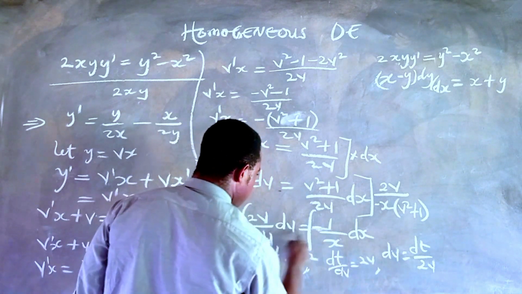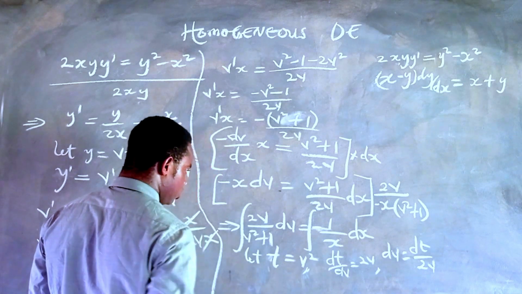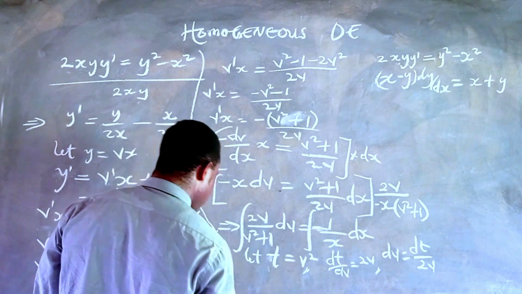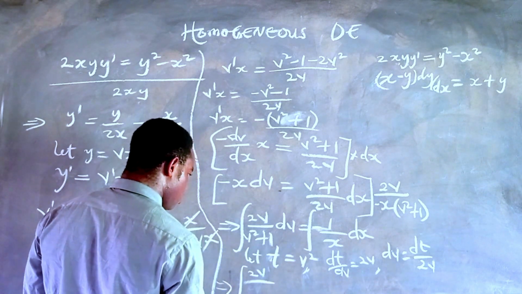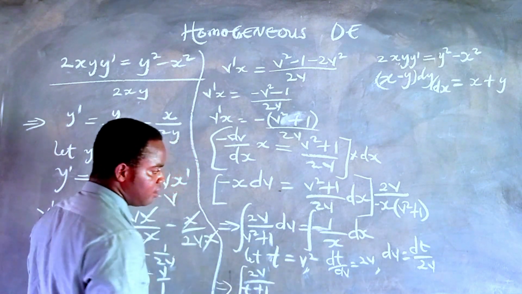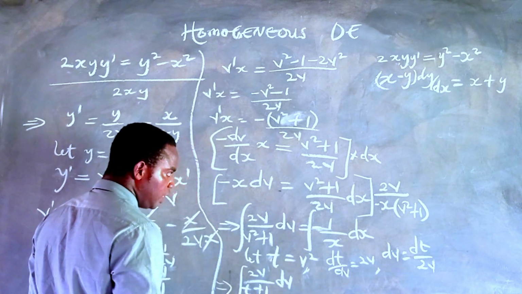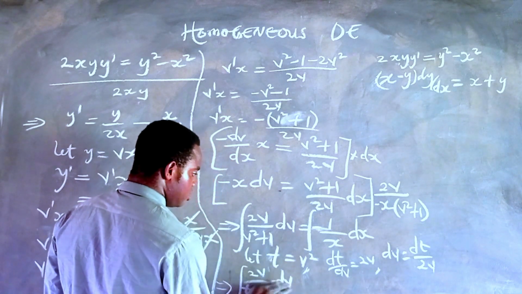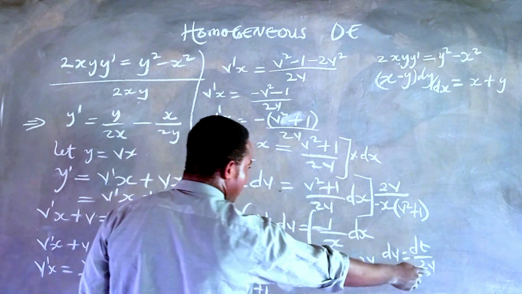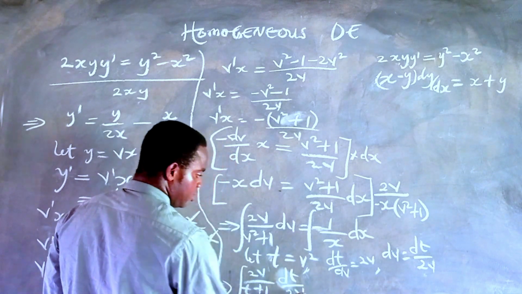Great. So it's time we start to put all this back into the integral so that we can evaluate it. So we have 2v all over, instead of writing v squared, this time we write t plus 1, and instead of writing dv, we should write dt all over 2v, right?